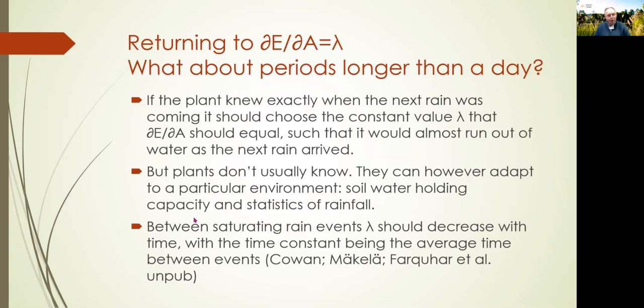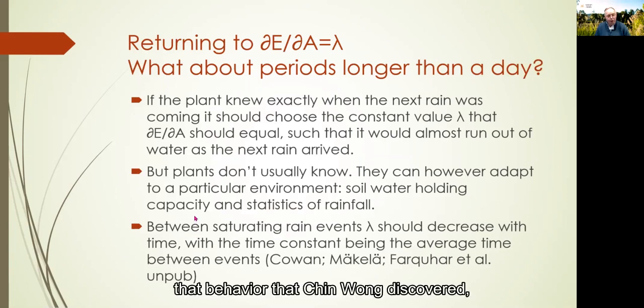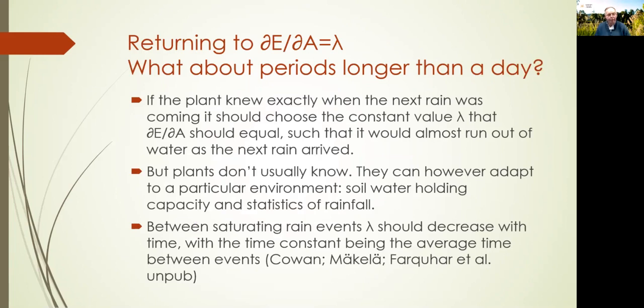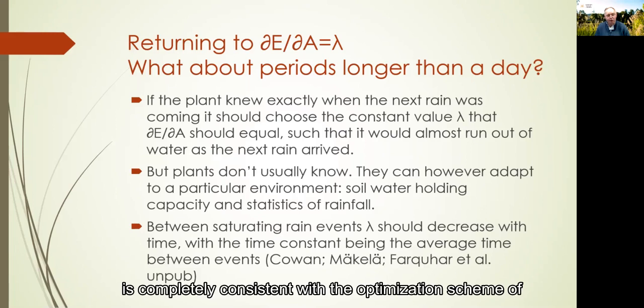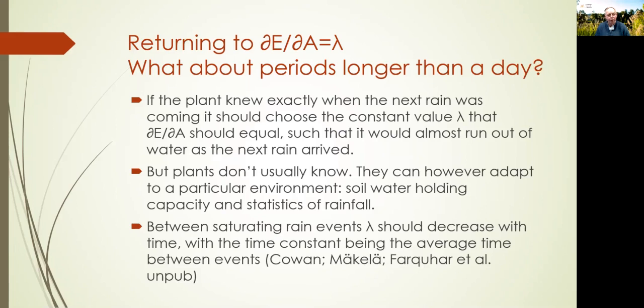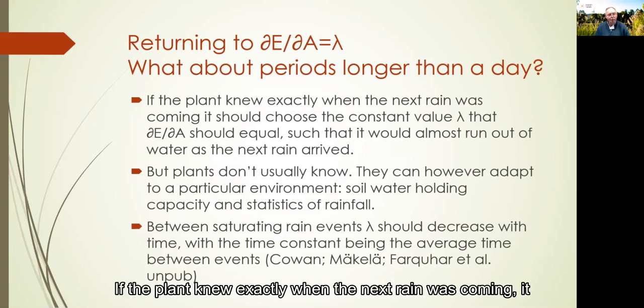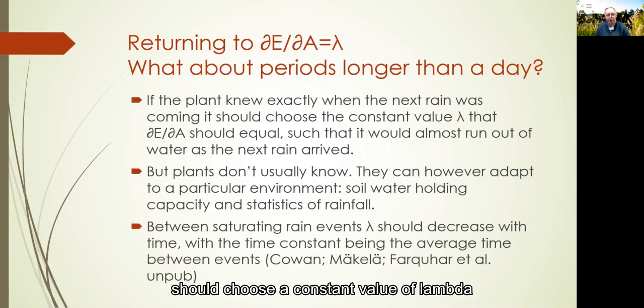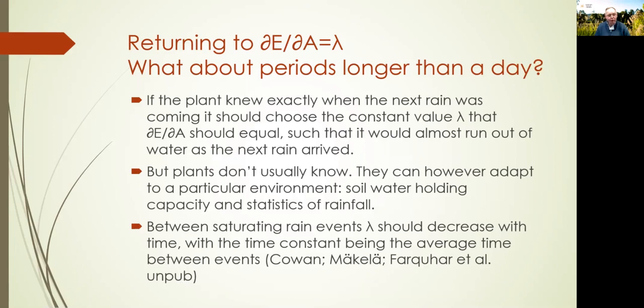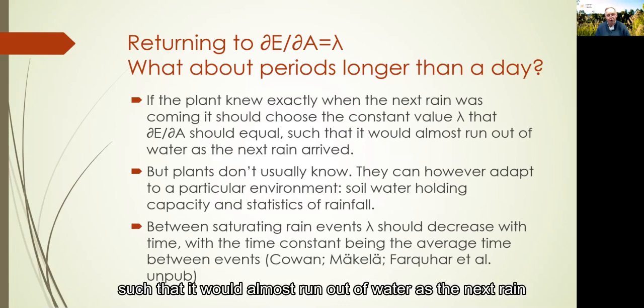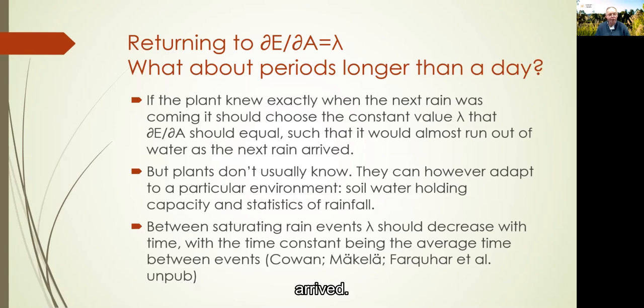So that behavior that Chin Wong discovered is completely consistent with the optimization scheme of DDA being a constant in time and space. But if the plant knew exactly when the next rain was coming, it should choose a constant value of the lambda that DDA should equal, such that it would almost run out of water as the next rain arrived.